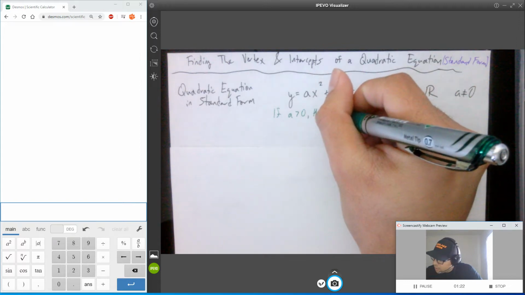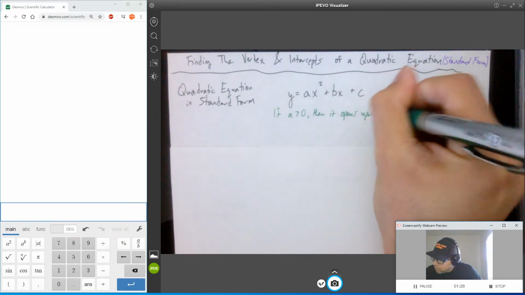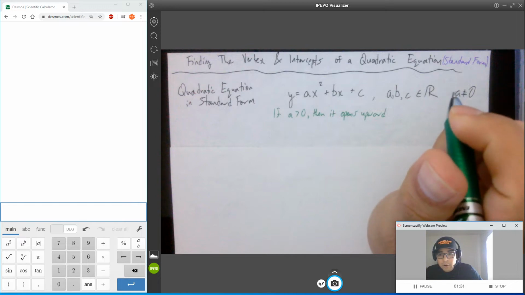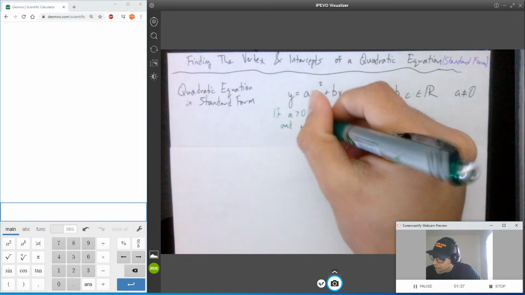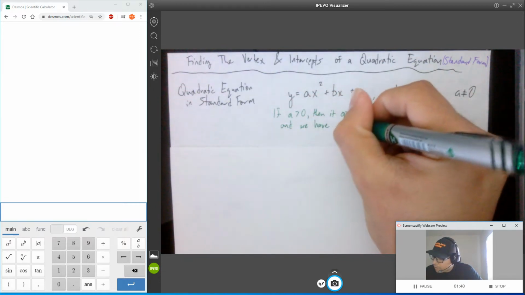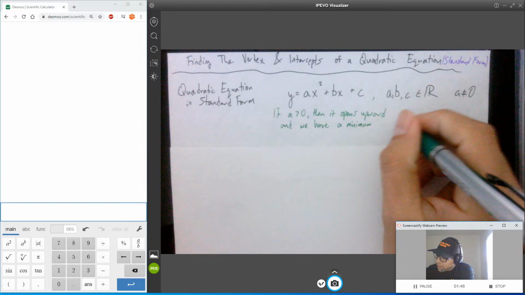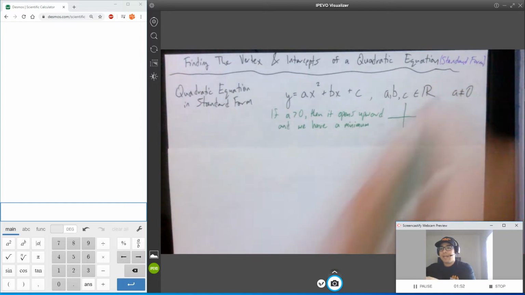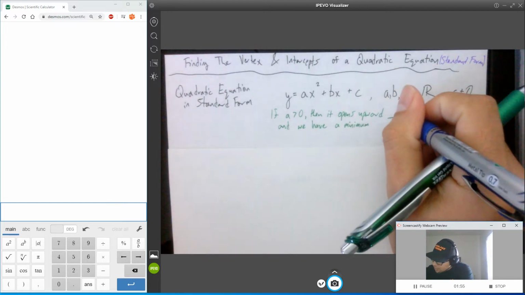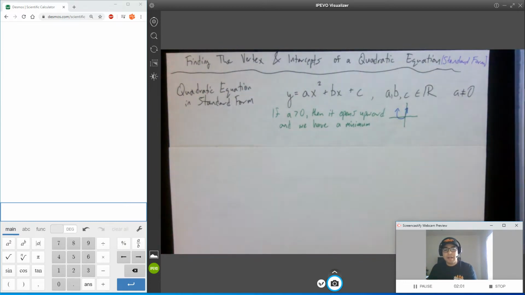The quadratic opens upward, and we have a minimum. And what this would look like, if I draw a little sketch, this is my axes, and it'll look something like that. Now that's a terrible sketch, and that's okay, right? I'm not looking at anything specific at this moment, okay?